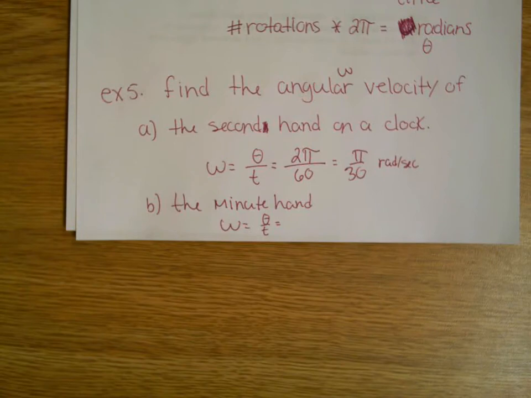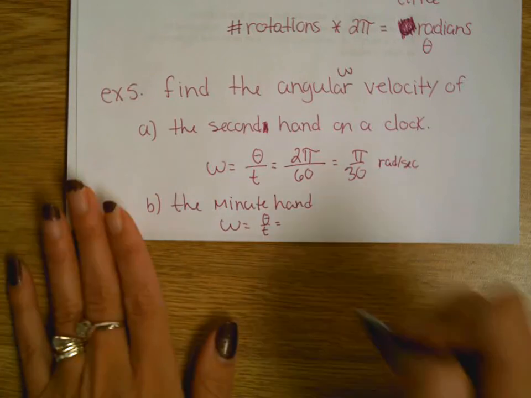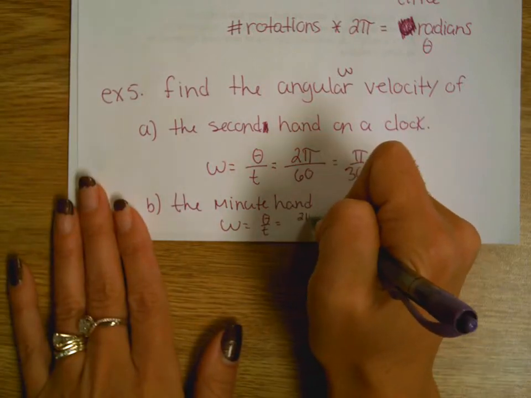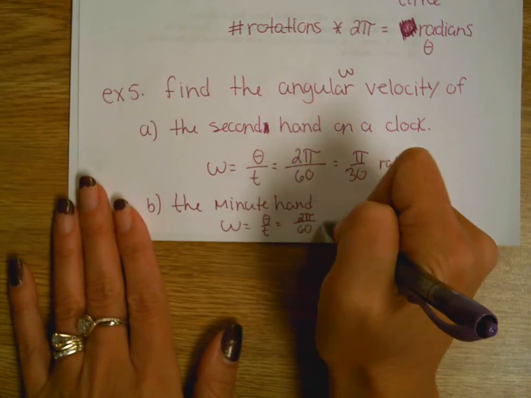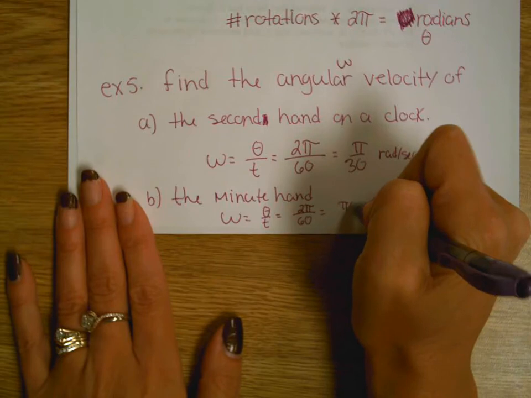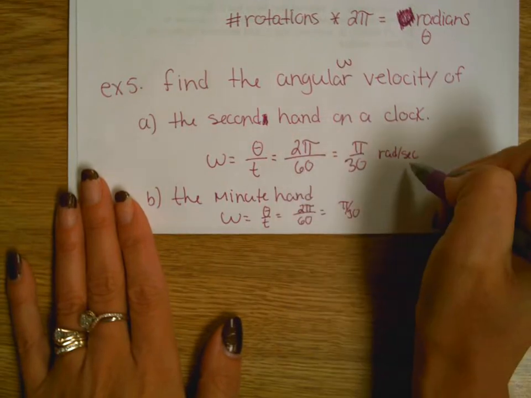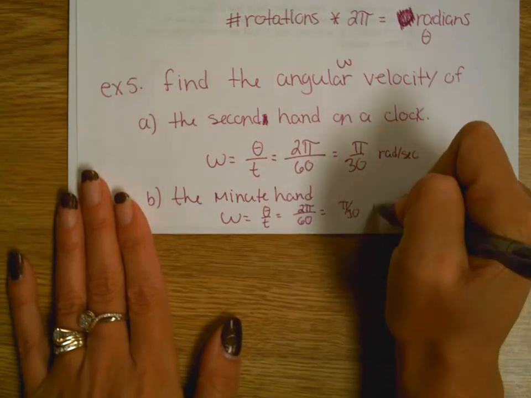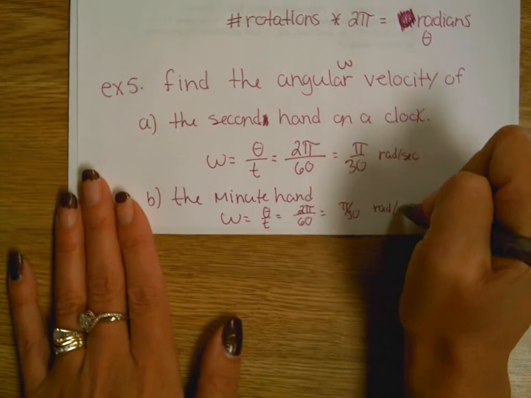So let's look at the minute hand. That's the one that's on the 8 right now. Full rotation is 2 pi radians, but how long does it take? 60 minutes. So when you reduce it down, it kind of looks the same, pi over 30, except the label is what's going to make it way different. Radians per minute.